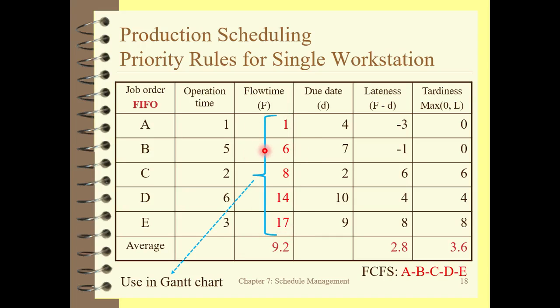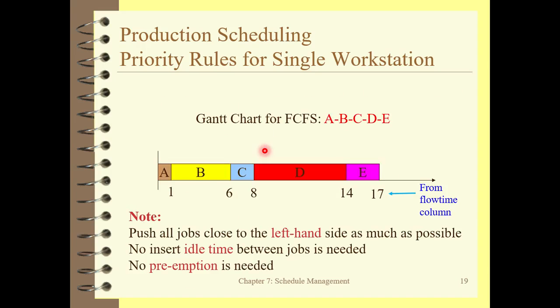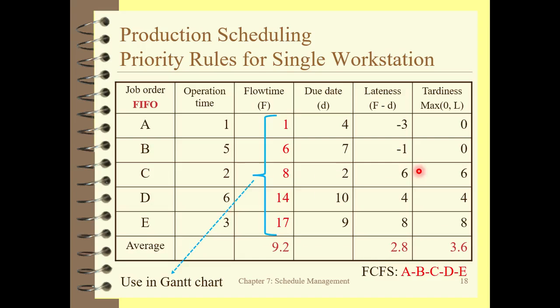You just copy from the Gantt chart because you have already done this. You have the schedule for each job, and the flow time is equal to the completion time of each job. You just copy it from the Gantt chart: 1, 6, 8, 14, and 17. Put it here.